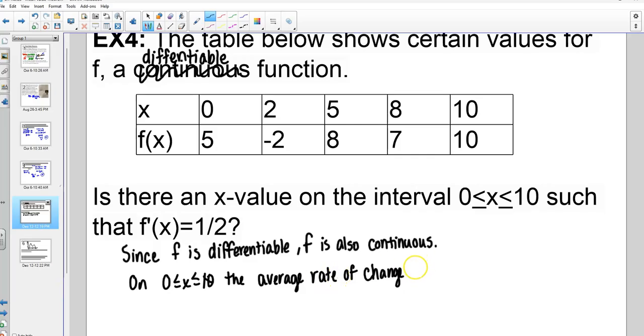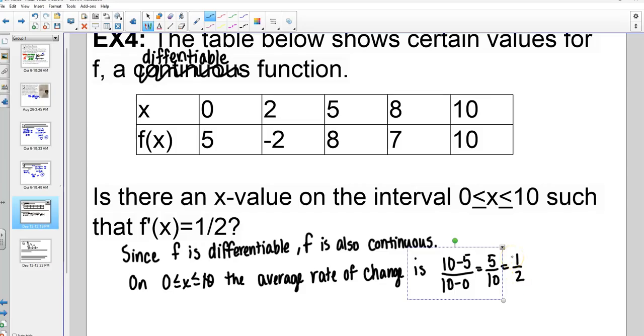Average rate of change is, and then show your work where you find the slope here. It would be 10 minus 5. Make sure you put your y's on top. And 10 minus 0 here, which is going to give you 5 over 10, which equals 1/2.